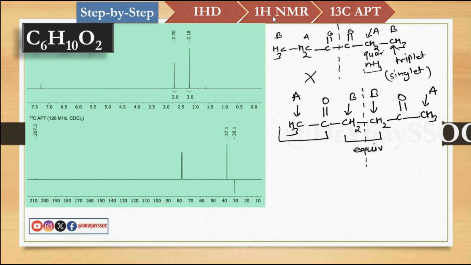So how many carbon signals? 1 carbon signal for this keto group, 1 for this second one, and 1 for methyl. And this satisfies our carbon NMR. Let's look at the proton. This belongs to the A methyl, and this signal belongs to the B type of proton, right? And the value is also showing that the CH2 is attached to the keto group and the CH3 is also attached to the keto group, and there are identical protons.